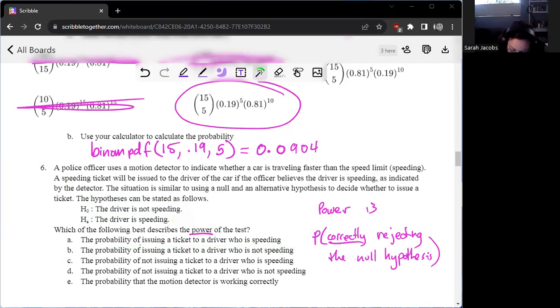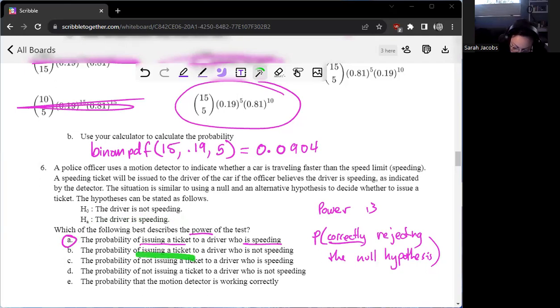So issuing a ticket is rejecting the null, to a driver who is speeding. They are speeding, so we correctly rejected the null. This is going to be our answer, but let's just take a peek at the rest of them.